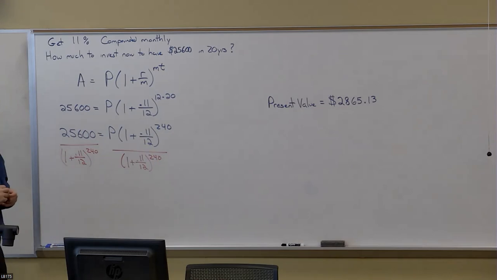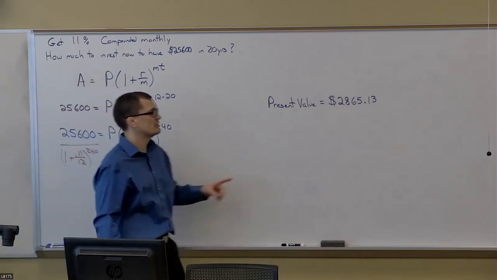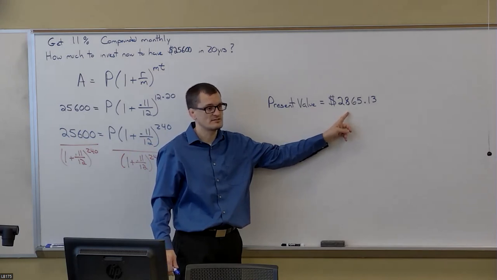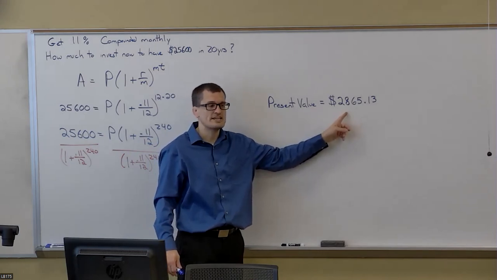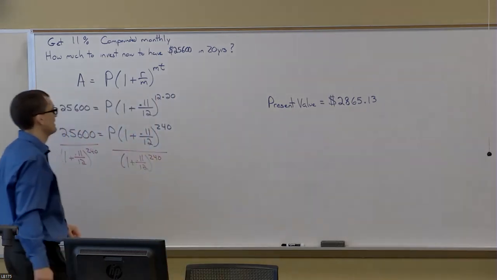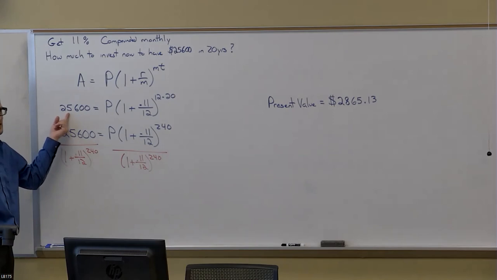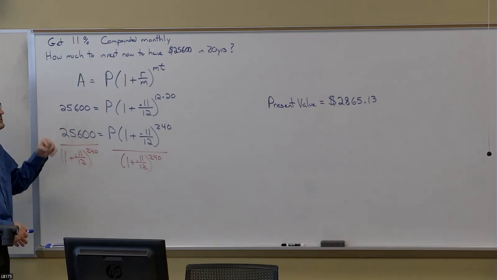By the way, this shows you the power of this compounding interest. This is telling you if you start with like $2,865, in 20 years, if you invest it at 11% interest, you can get up to 25,000. That's a pretty big jump, right? That's a really large jump.